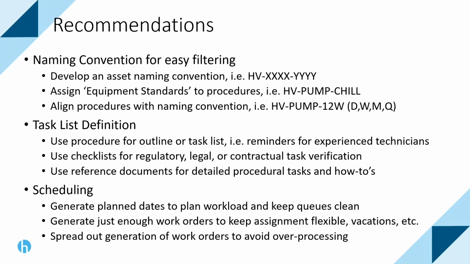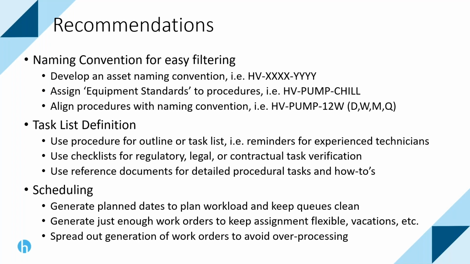A lot of people who are doing regular work every week will simply generate just the work orders that they have for the next week. Others will generate just a month's worth of work orders so they can schedule the month, plan around vacations and so on.